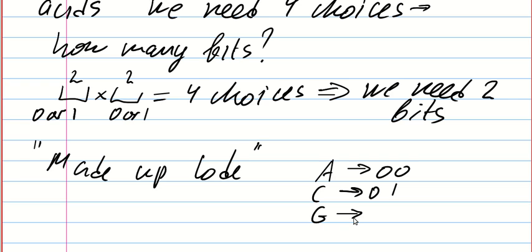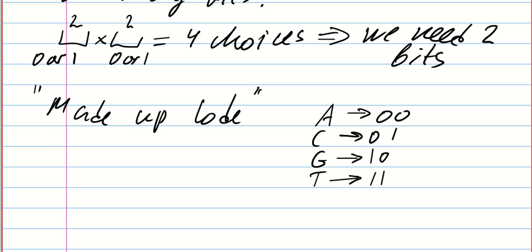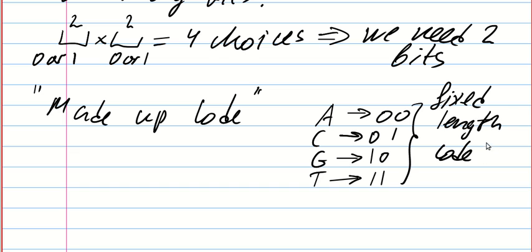G to be 1, 0, and T to be 1, 1. But as you can see, for each letter we use 2 bits, so it's a fixed length code. It's not variable length like we would like to discuss.